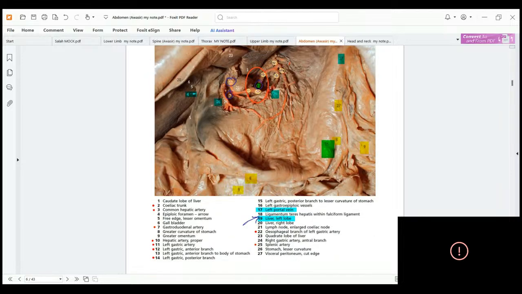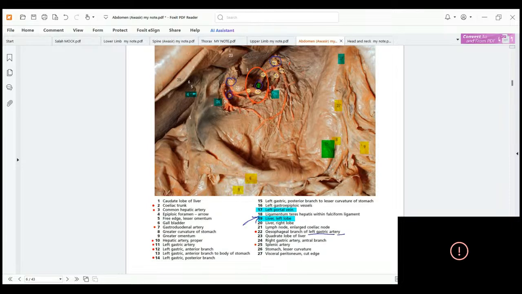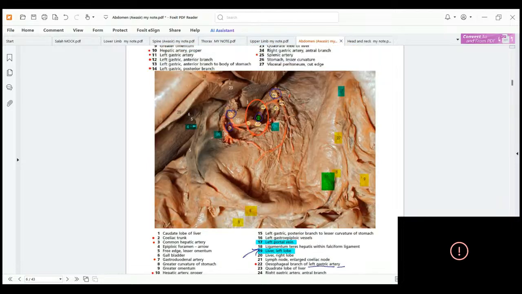Yes, esophageal branch. Anything else? 25 is splenic. Big one.